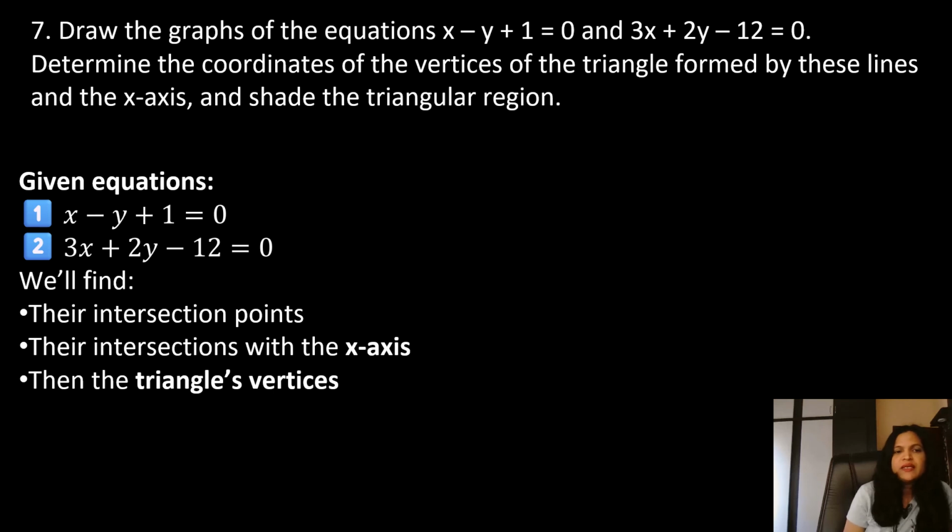Given equations: x minus y plus 1 equal to 0, second equation: 3x plus 2y minus 12 equal to 0. So find their intersection points first, and their intersections with the x-axis, and then the triangle vertices. These are the steps we have to do.